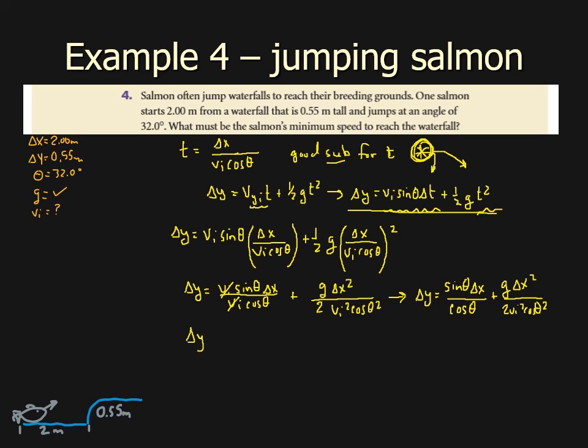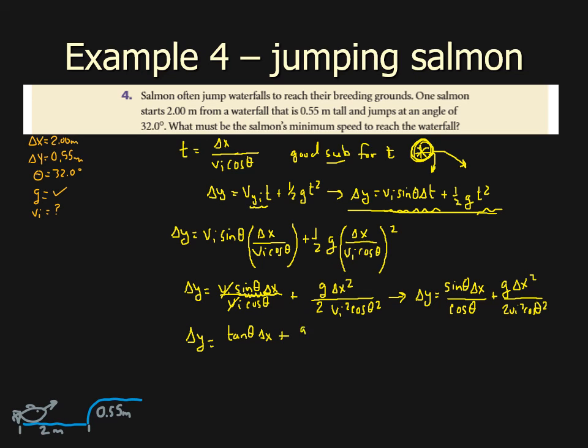So delta y equals, looking at this function, I have sine of the angle, delta x over cosine of the angle. Sine over cosine is tangent. So that actually can be simplified to tangent of the angle delta x. So that's a little bit cleaner. And sometimes in math class they call it a little more elegant.